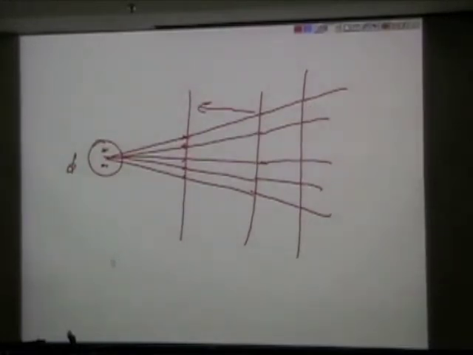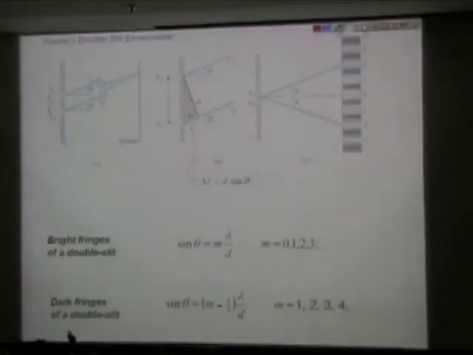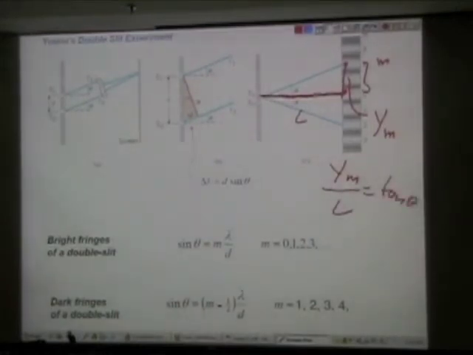To describe this mathematically, for, let's say, maximum number m, we can introduce this distance from the central spot to the mth maximum. In that case, this distance divided by the distance to the screen is equal to the tangent of this angle.